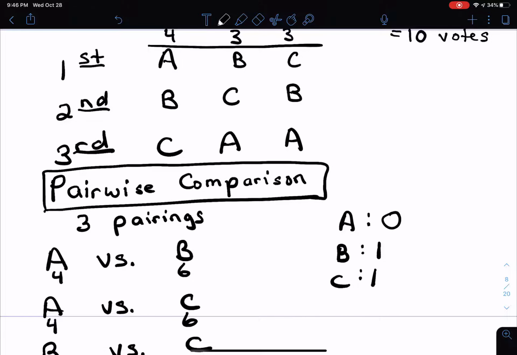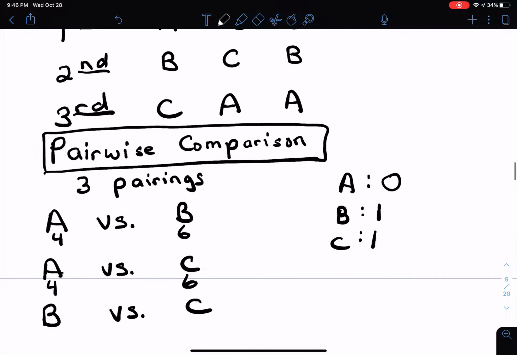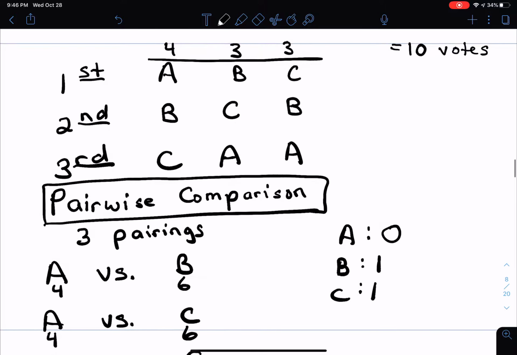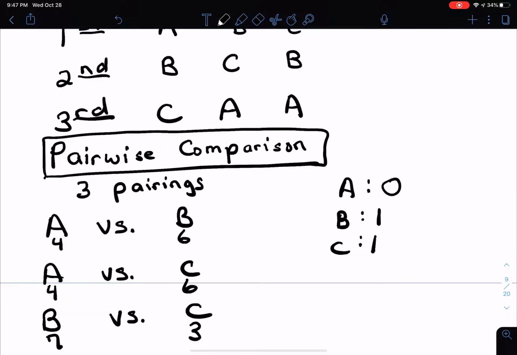Oh, poor A. All right, B versus C. In the first 2 columns, B is ranked above C. In the last column, C is ranked above B. So we have 7 votes where B is ranked above C, and then we have 3 votes where C is ranked above B. So B gets another point.